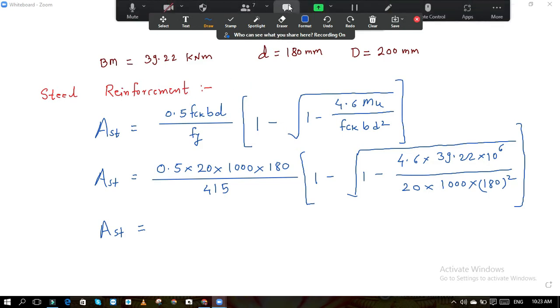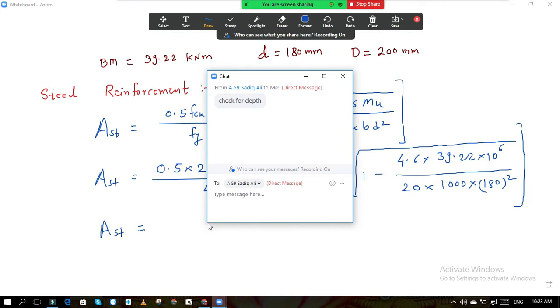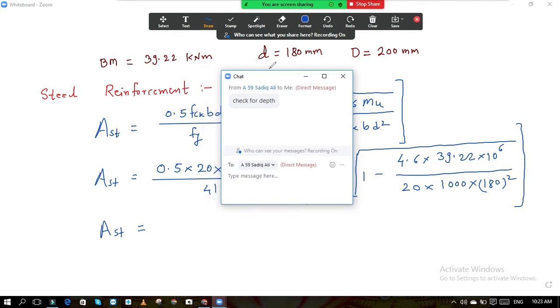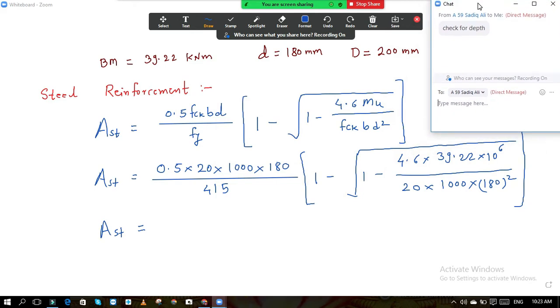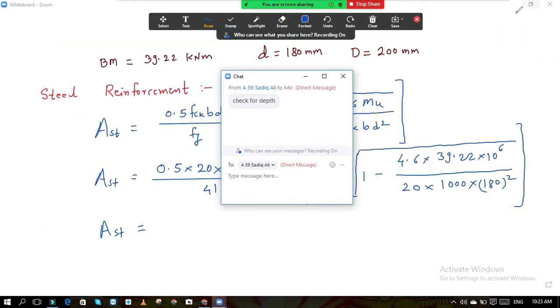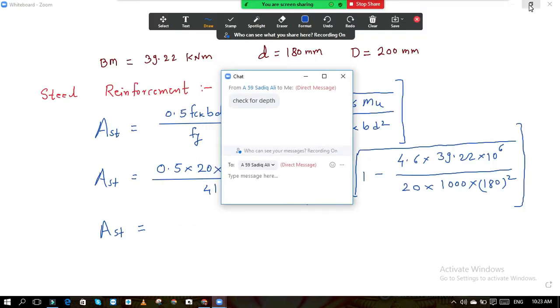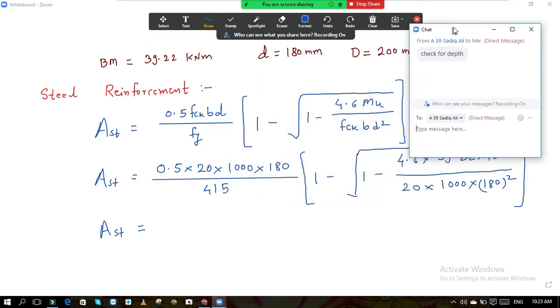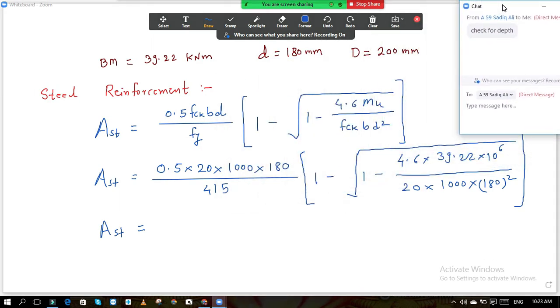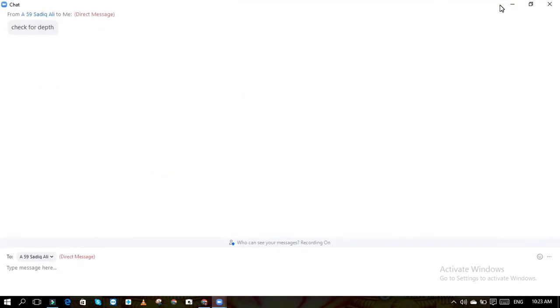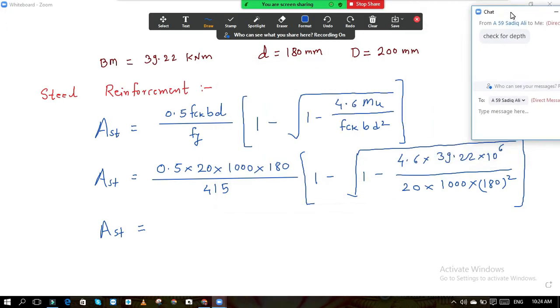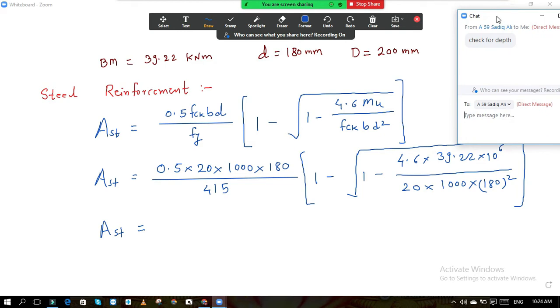What is the answer? Let me know the answer of this.